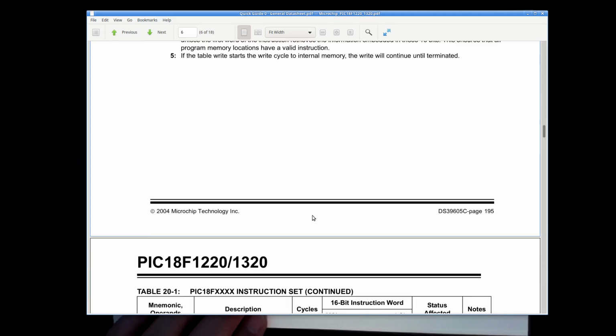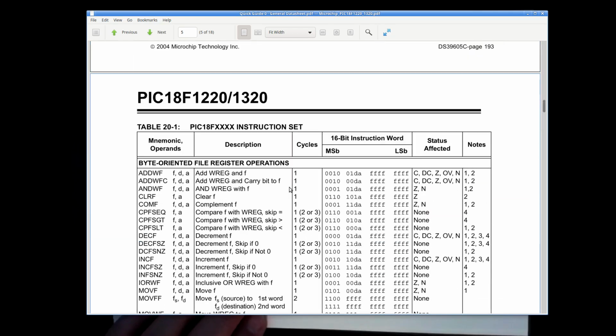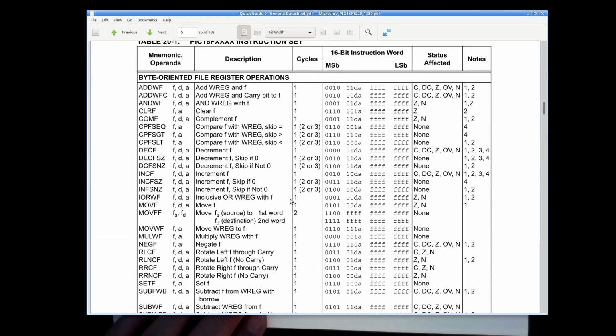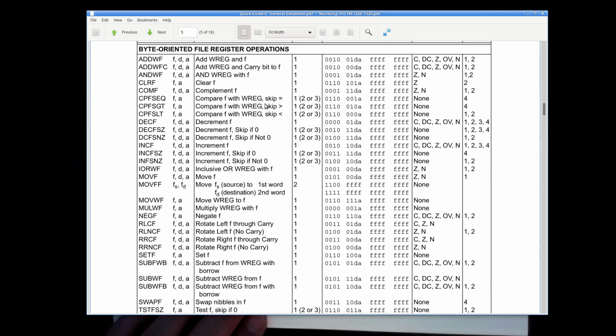Most of our instructions take 1 cycle. If we look at the byte-oriented instructions, they're all pretty much 1 cycle. The ones that involve comparisons and possibly skipping or jumping take 2 or 3 cycles. These strange instructions that take 2 words, 32 bits, those are 2 cycles. But increment, add, clear, 1 cycle each.